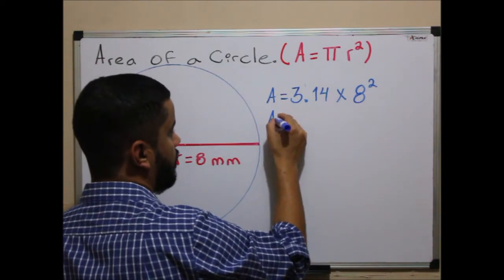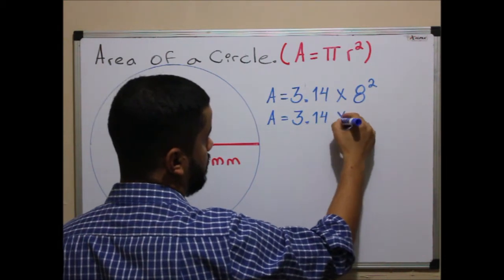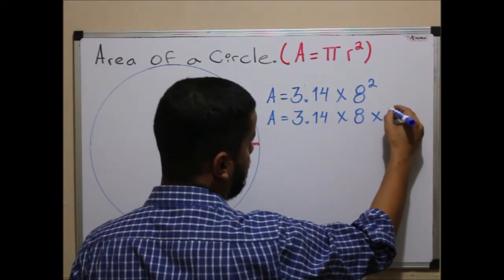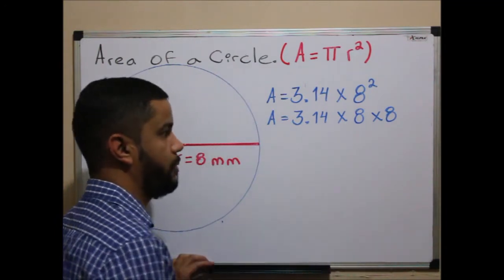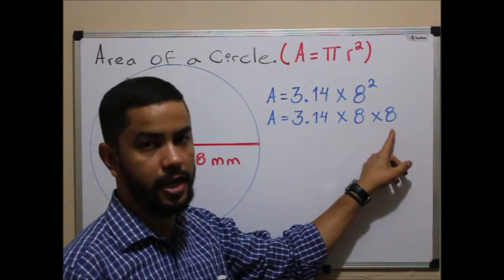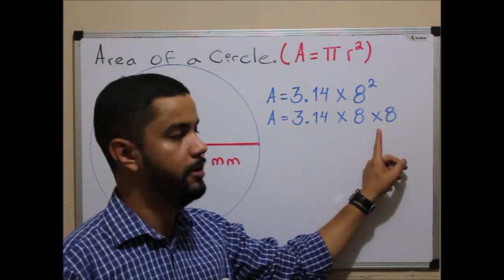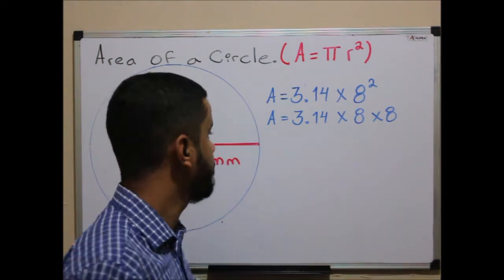Now the area is equal to 3.14 times 8 times 8. Okay, this 8 squared represents 8 times 8. Not 8 times 2, it's 8 times 8.